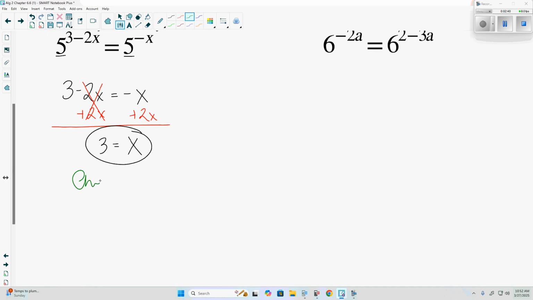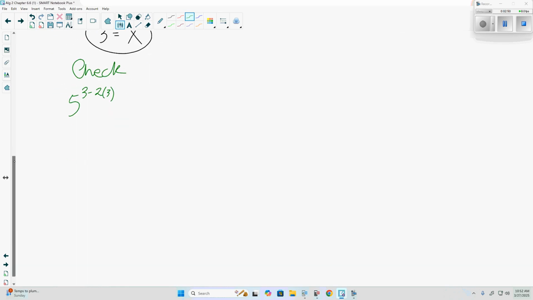Now, if we wanted to check and make sure that this is true, we could plug 3 back in for x. So we just replace each x with 3 and see if both sides give us the same value. Now on the left-hand side, we have 3 minus 2 times 3.